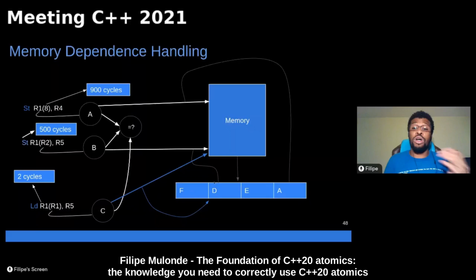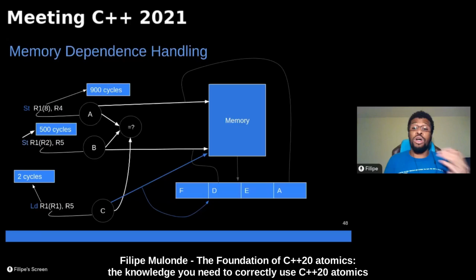And for those memory locations, we need to check if there is no previous store that is going to write to these locations. For example, the first store here maybe is going to write to the last location of the 4 locations that this load is going to access, and the second store maybe is going to write to the second location that this load is going to access. Now think in modern architecture.